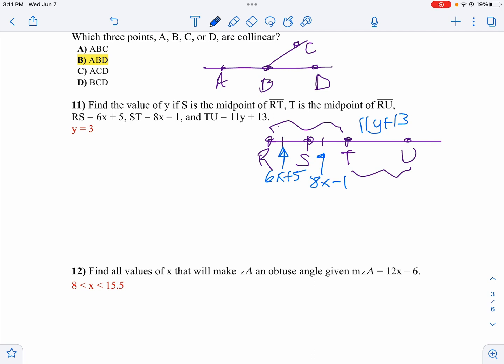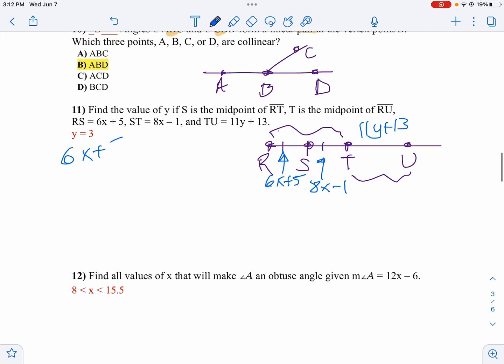And right now, I don't have enough information to solve for y. But let's look at what I can solve. I know RS and ST are the same. So what I can do is solve for x first. So I'm going to say 6x plus 5 equals 8x minus 1.